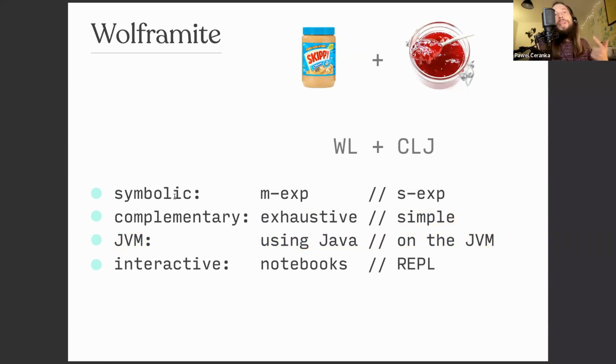We're symbolic, so this is essentially saying why, out of all the other languages outside of Wolfram language, are we ideally or uniquely placed to have this bridge? It's because we're very symbolic. We have this kind of complementary nature, and we have a close relation to the JVM.